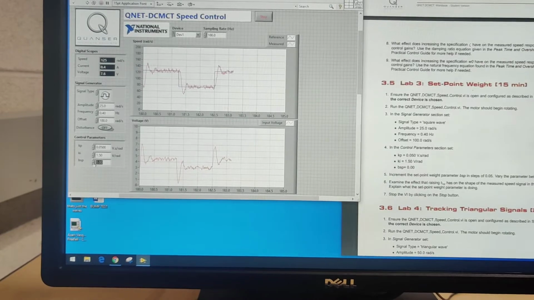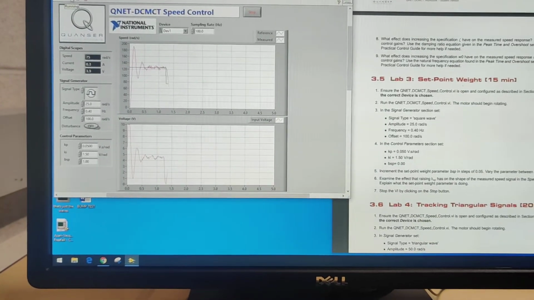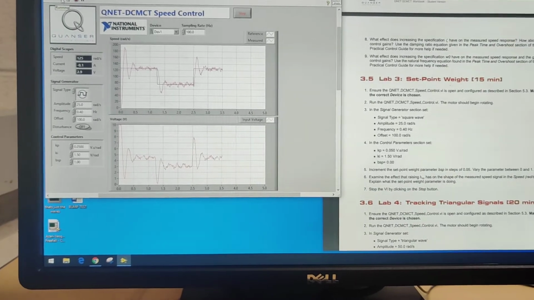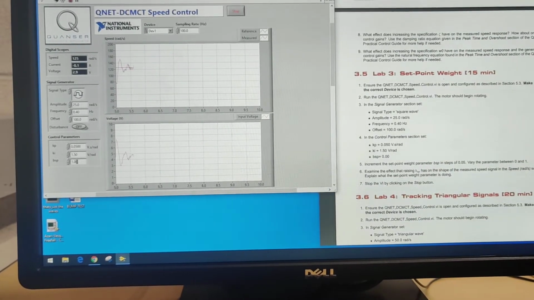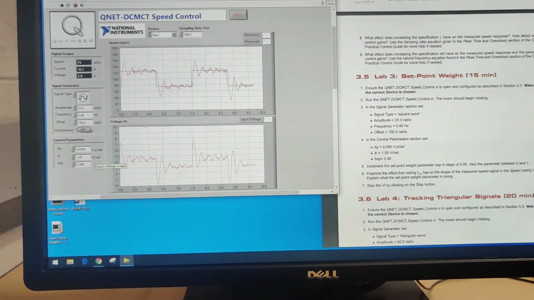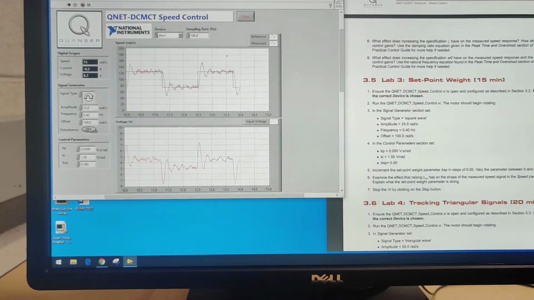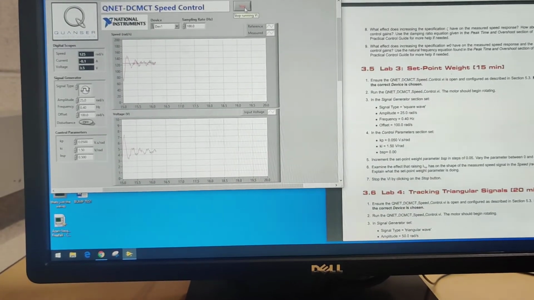Okay, let me try one more time, restart it. And 0.5. You should be able to see some trend on this, okay?